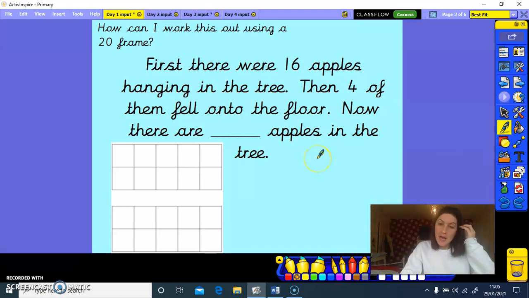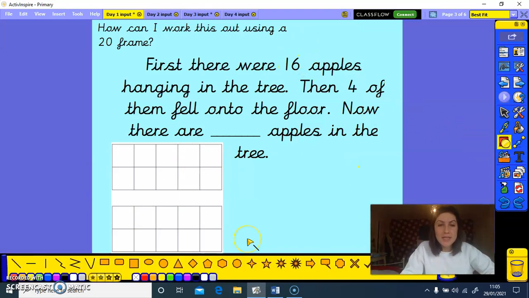So how many counters will I need in my 20 frame? 16, brilliant, because 16 is the beginning number, the big number, and we always like to take away from the bigger number, don't we?